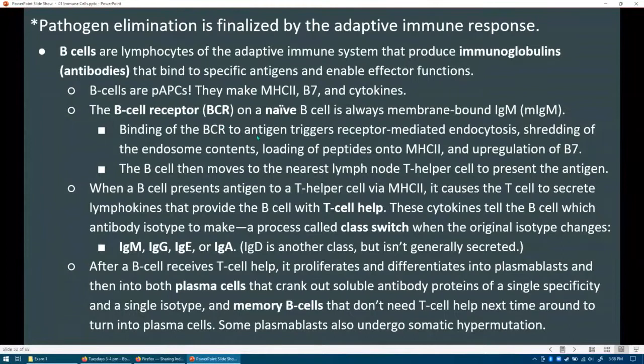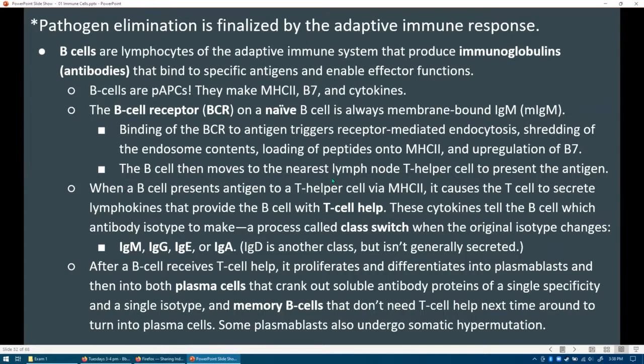The binding of the B cell receptor to an antigen triggers the uptake of that antigen, shredding of the antigen, the loading of the peptide pieces onto MHC2, and the upregulation of B7 on the surface of the B cell. It's actually called B7 because it was first found on B cells. The B cell then moves to the nearest lymph node T helper cell to present the antigen. It wants to receive T cell help.